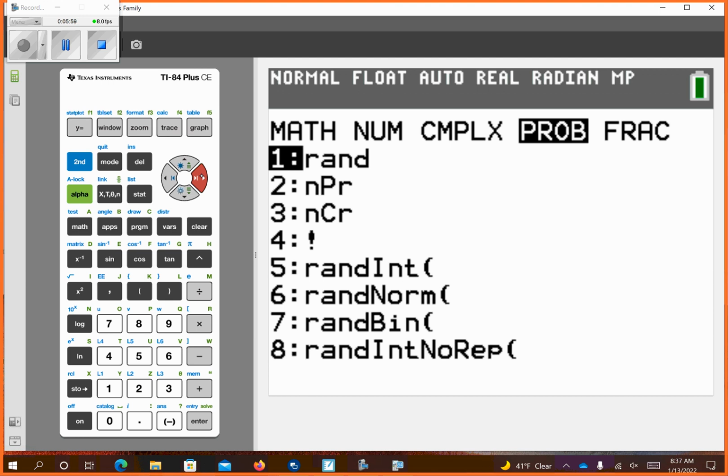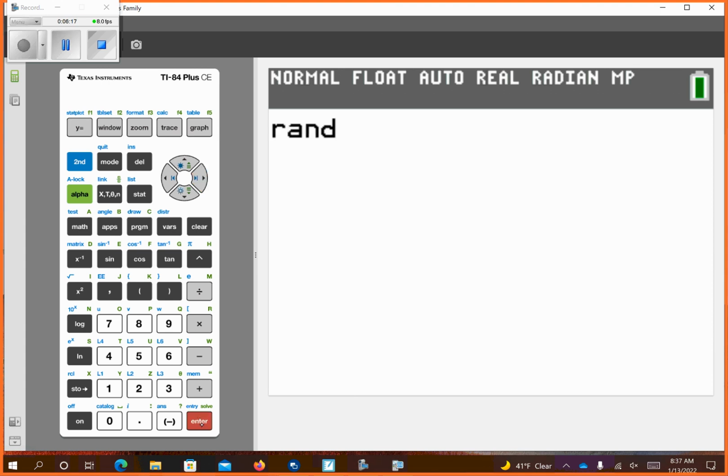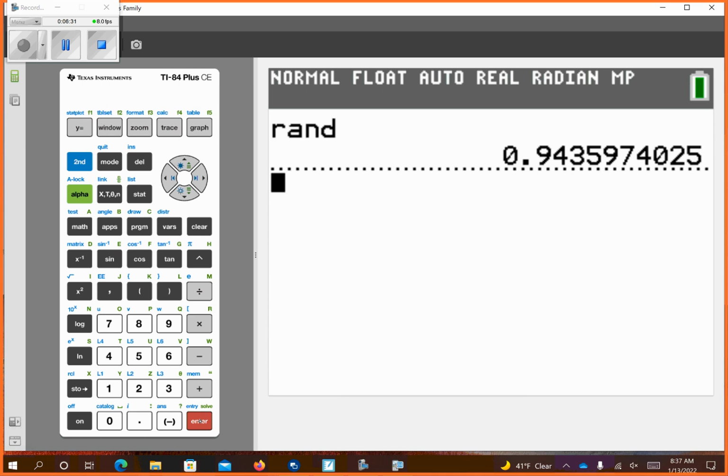So hit math, and then hit probability. Move over to probability. Are you about there? Yeah. Okay. Is your number one highlighted, says rand? Go ahead and hit it. And then hit it one more time. Same numbers?